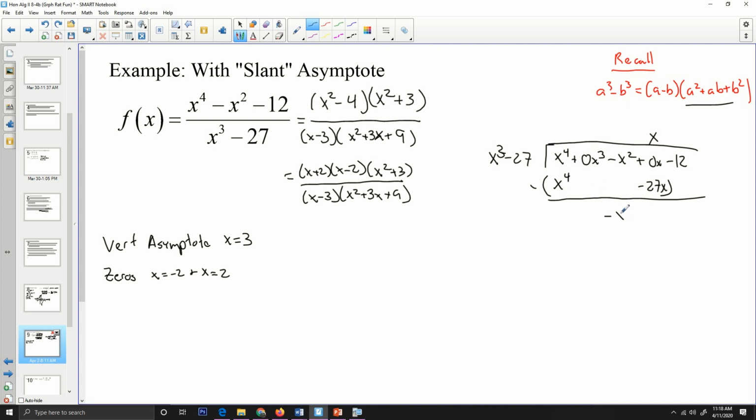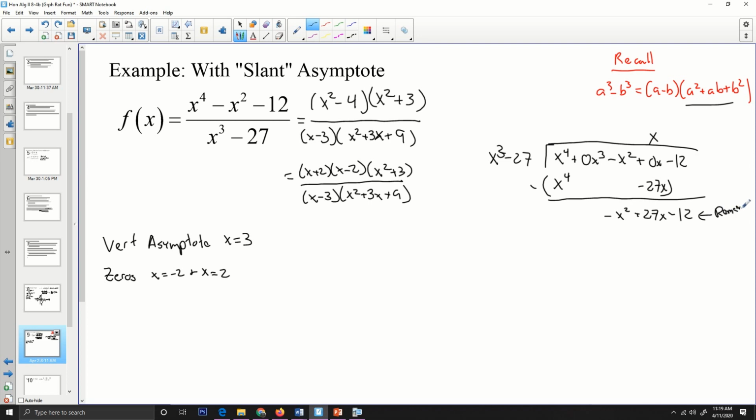I've got -x squared, I've got positive 27x, and then I've got -12. Now here's the thing: because this is x to the third, and this is x squared, since the degree of what's left is less than the degree of the divisor, this is all remainder.